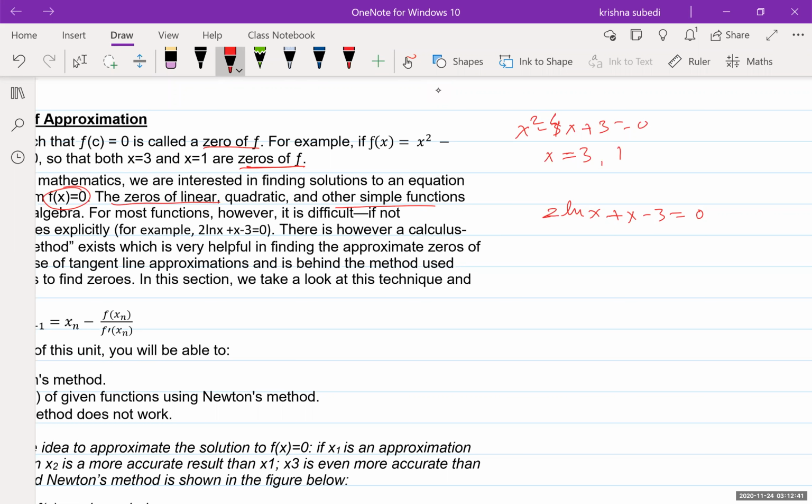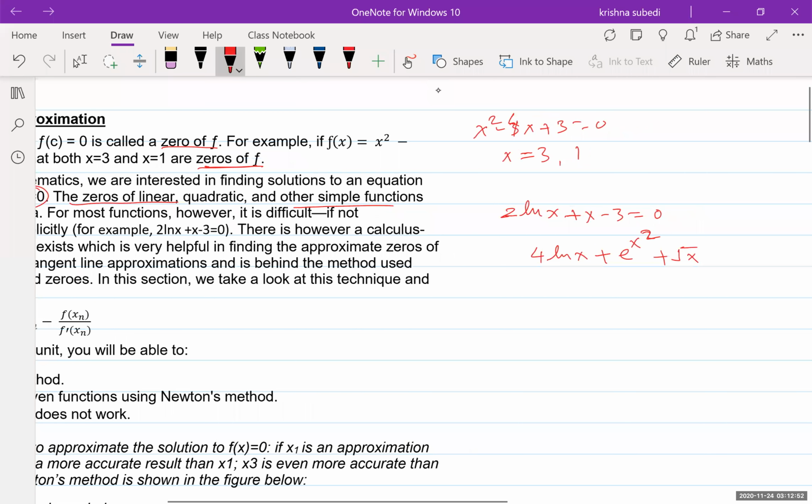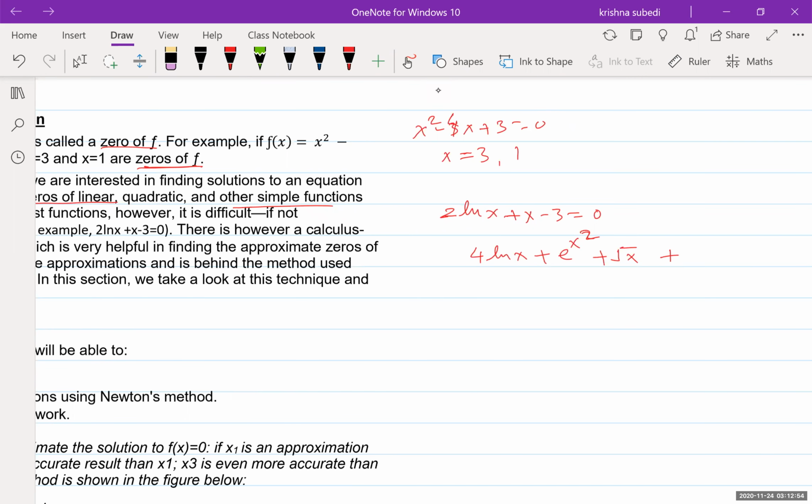Or sometimes they give you an equation like, let's say, 4 ln x plus e to the x squared plus square root x plus 1 over x plus x raised to power 7 equal to 0. Then solving this equation using high school algebra, can you think of how difficult it would be? Or it's kind of impossible, right?